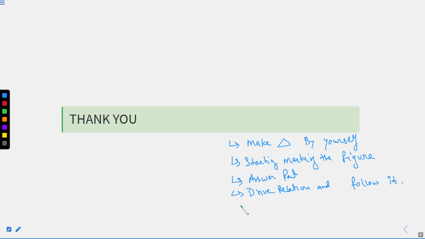I hope there is no problem. In the miscellaneous part, find the missing what? Diagram. For that, what you can do? Redraw the diagram by yourself. And what you can do?